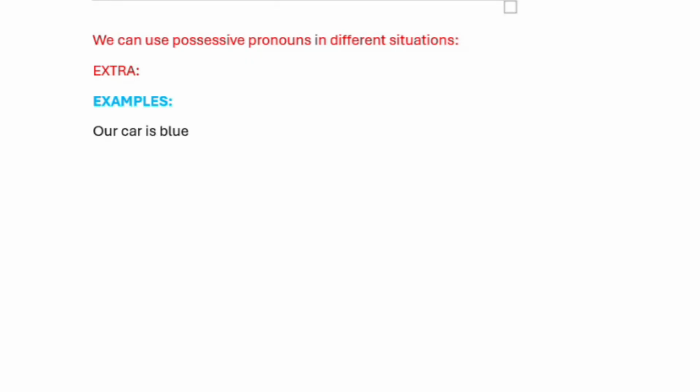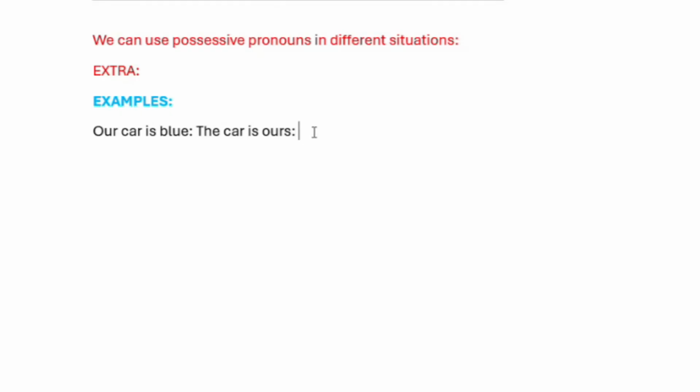I'm going to say, our car is blue. In this case, we have the possessive adjective. Our car is blue. The possessive adjective is at the beginning. Next, we can say, the car is ours. Similar to the example that I shared with you before. The possessive pronoun is at the end.